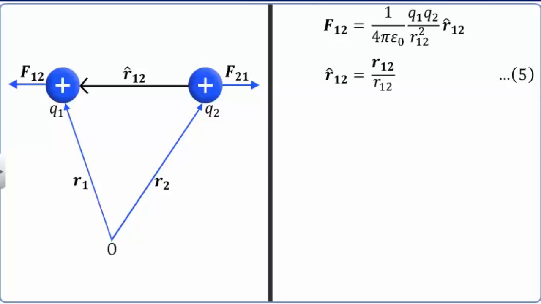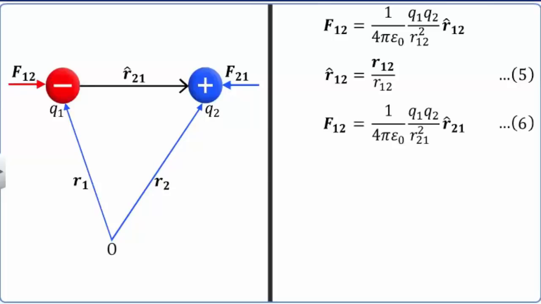If Q1 and Q2 are unlike with respect to each other, the force F12 will be in the direction of the unit vector R21 as given in equation 6, since unlike charges attract each other. In this case, the product of the charges Q1 and Q2 will be negative.